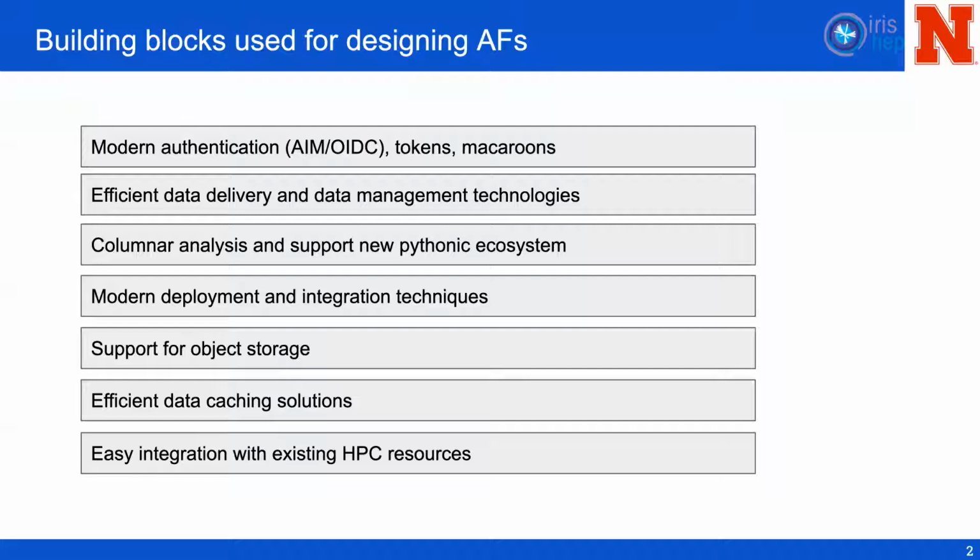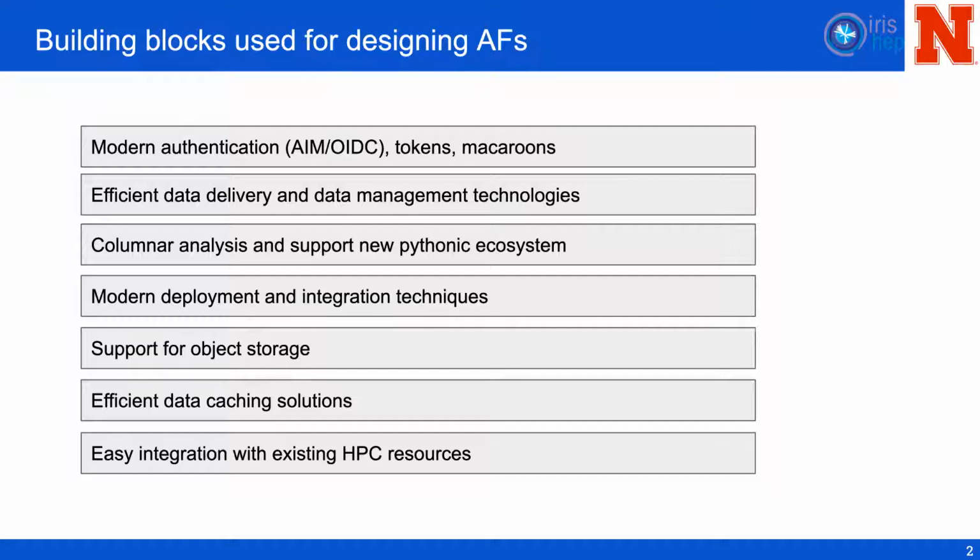So what we would like to have is modern authentication, tokens, macaroons. We would like to have efficient data delivery and data management technologies. That's why we try to adapt things as soon as they're available, or even help to test them, like in the case of Skyhook, for example.